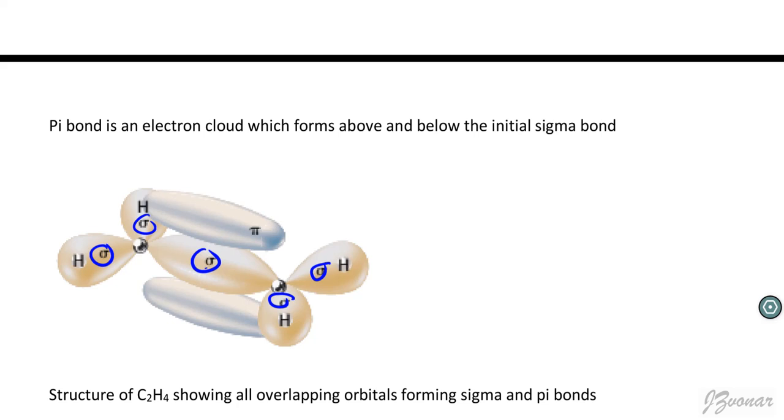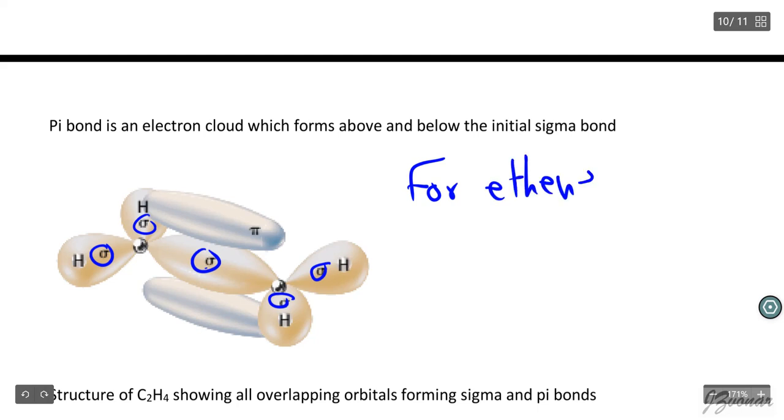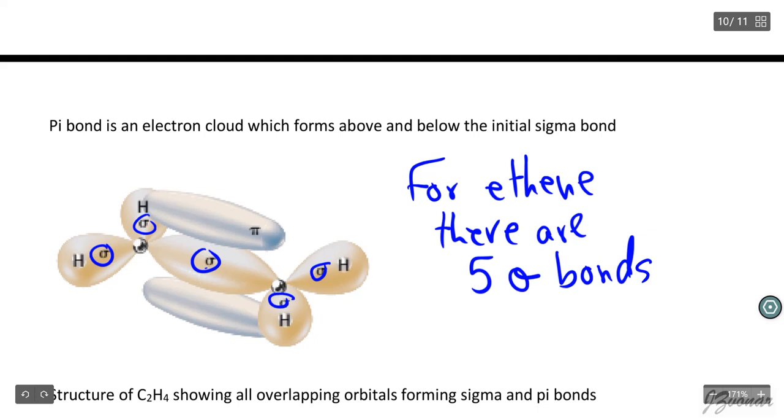So for ethene, there are 5 sigma bonds and 1 pi bond.